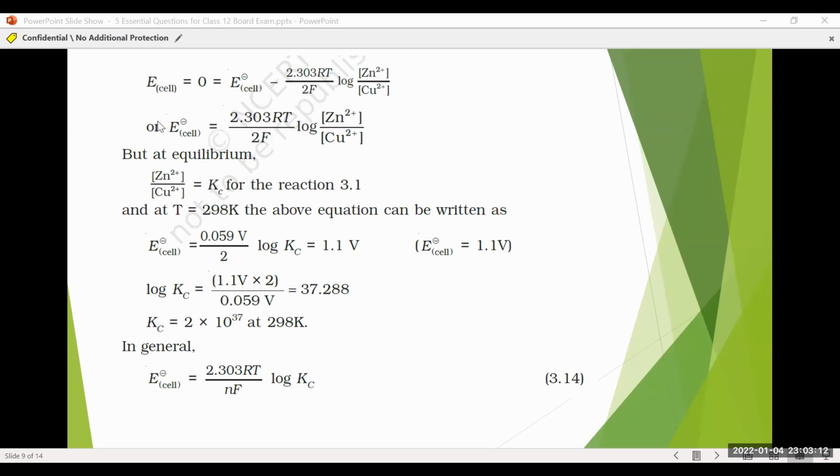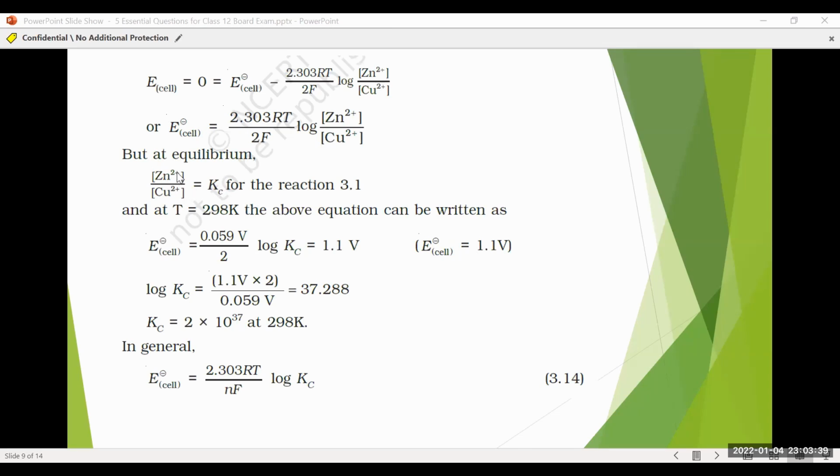Let us rearrange this expression to find E naught cell. E naught cell आप left में ले आइए, equal to लिखिए 2.303 RT upon 2F लिखिए, log Zn2 plus upon Cu2 plus. इस इक्वेशन में आप Zn2 plus upon Cu2 plus को Kc लिख सकते हैं because the equilibrium has been established.